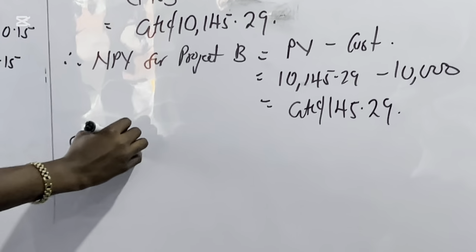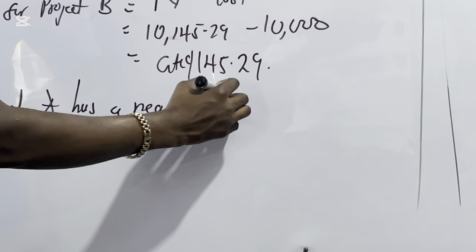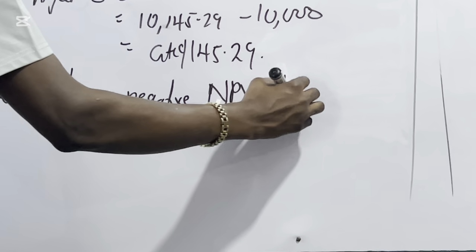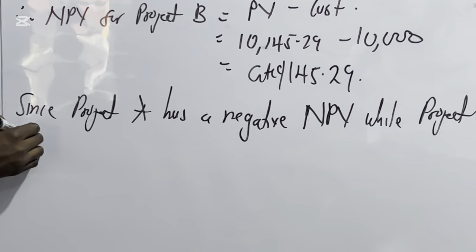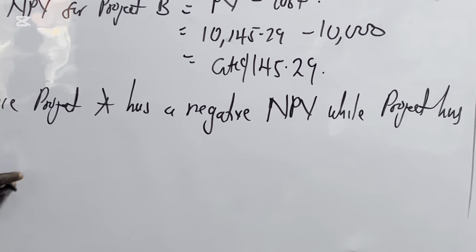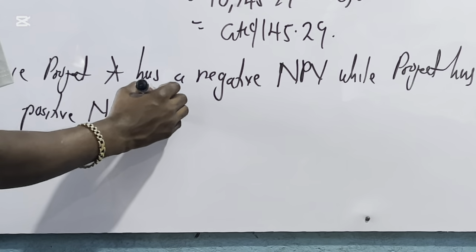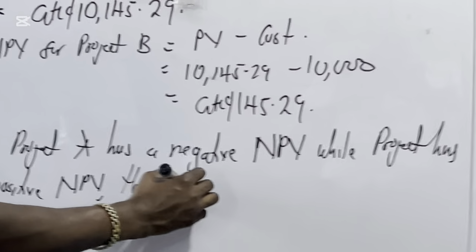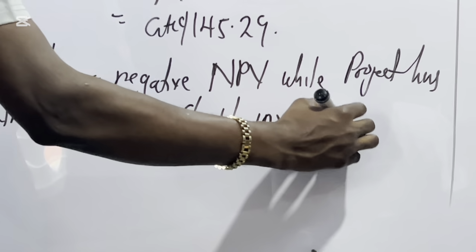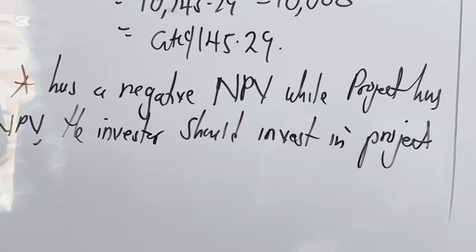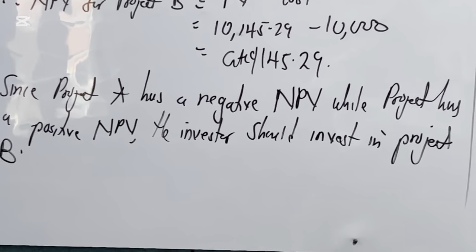We say since project A has a negative net present value, while project B has a positive net present value, the investor should invest in project B, because the rule is to invest in the one that is offering you a positive net present value.